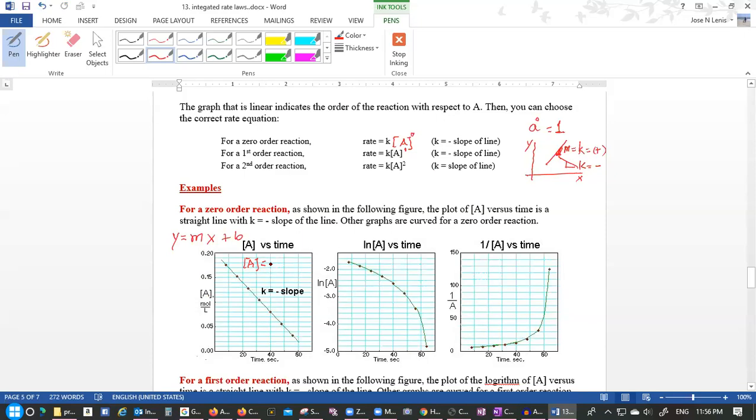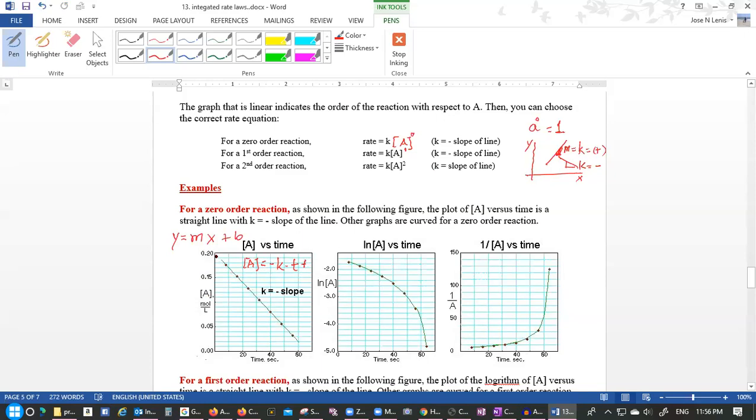It is the negative slope, so negative K times time, plus the y-intercept.